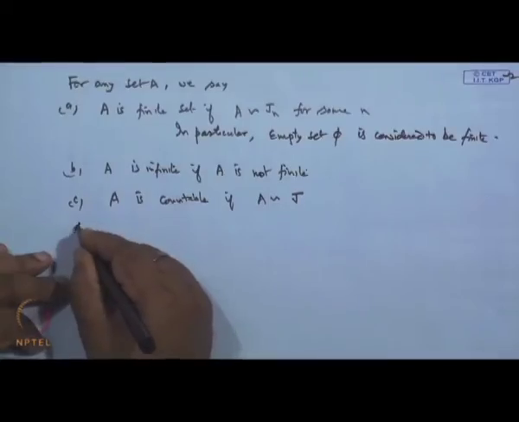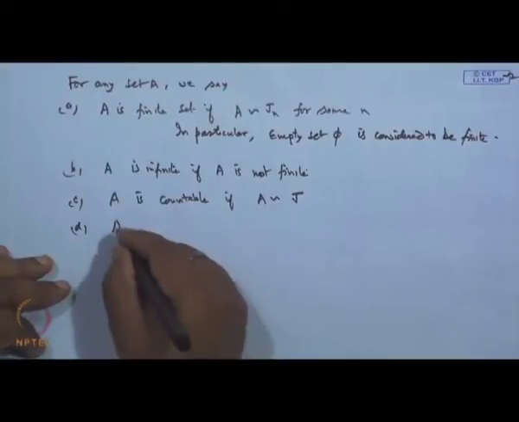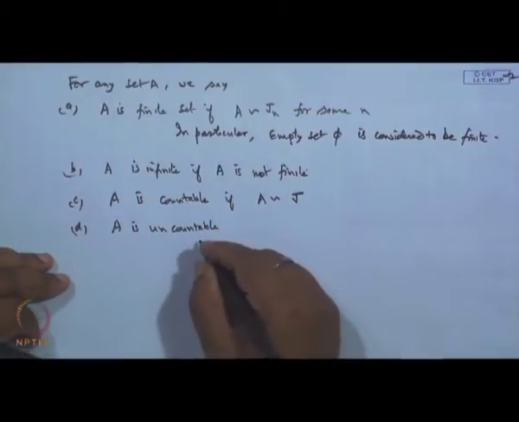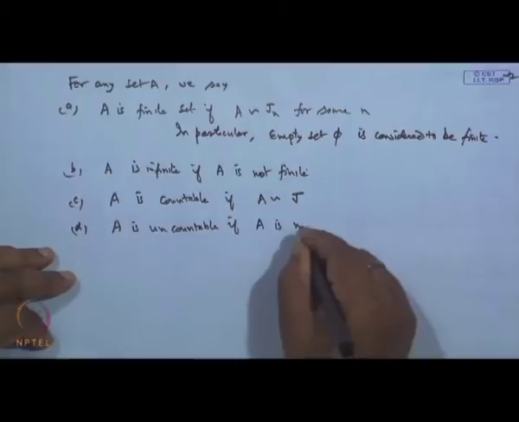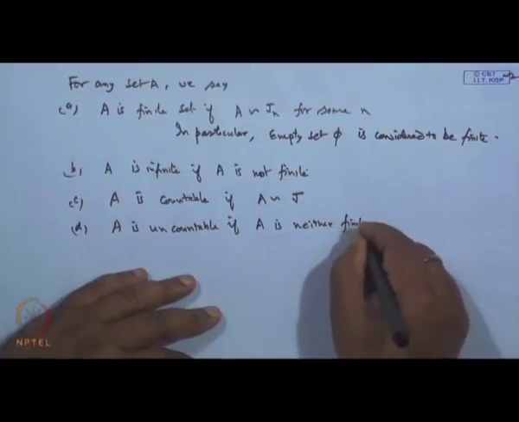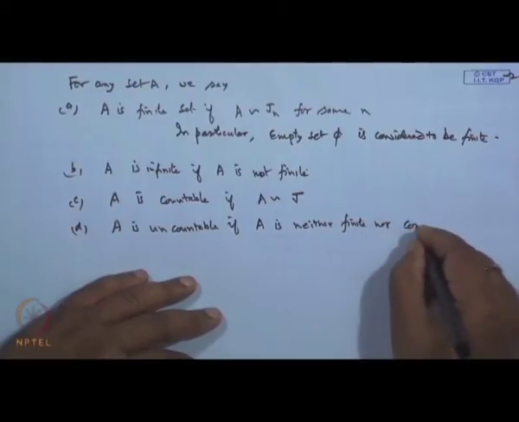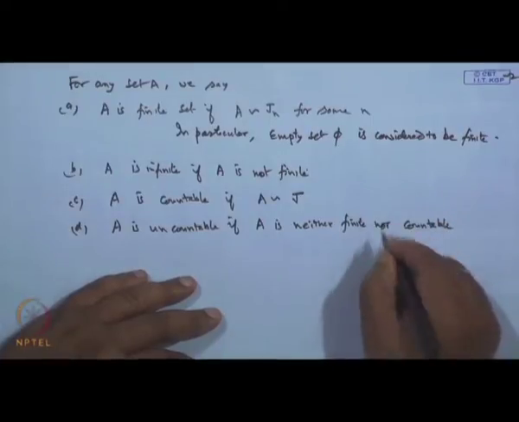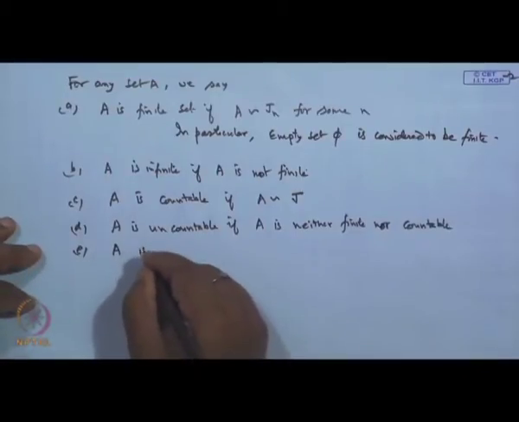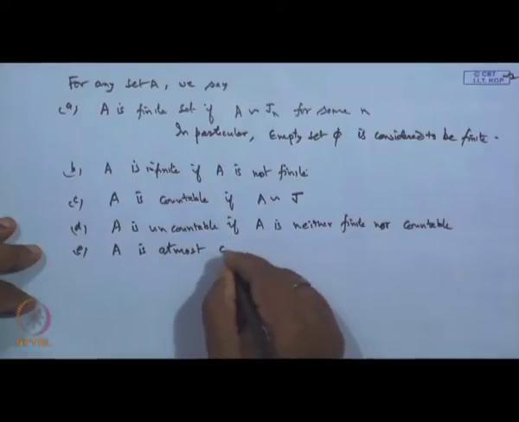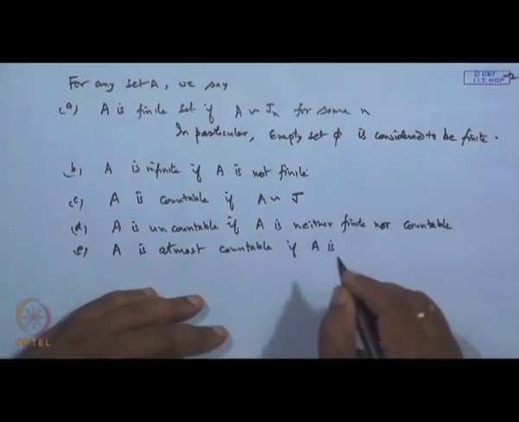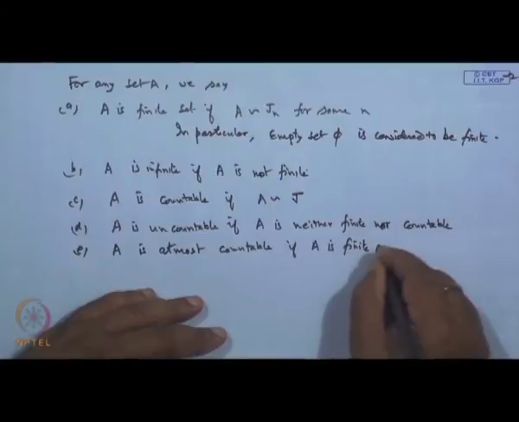Okay. A is said to be uncountable if A is neither finite nor countable, and we say A is at most countable if A is finite or countable.